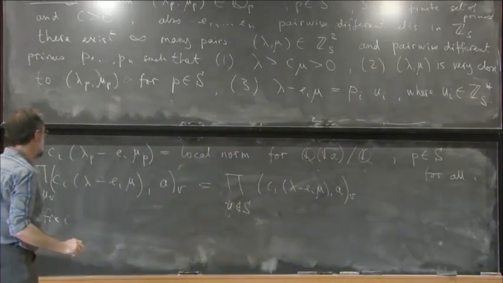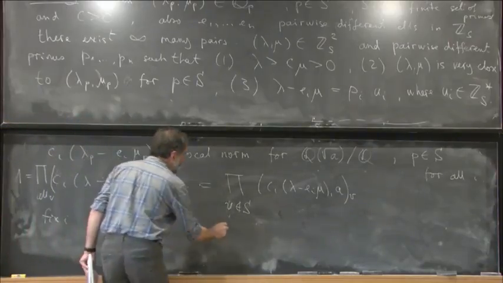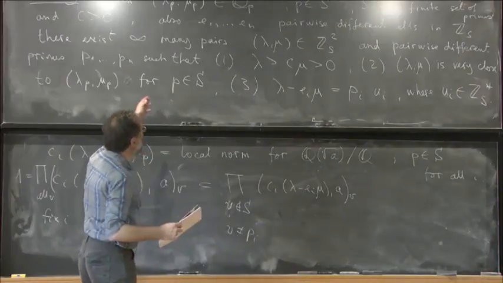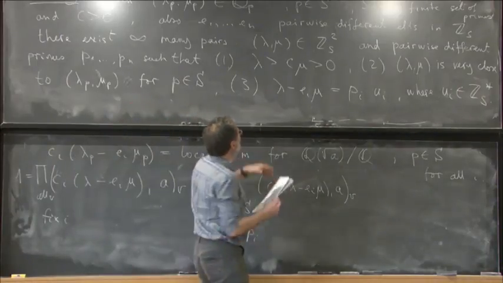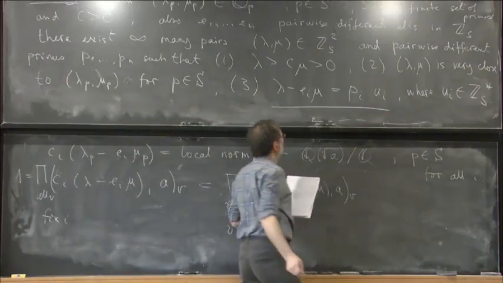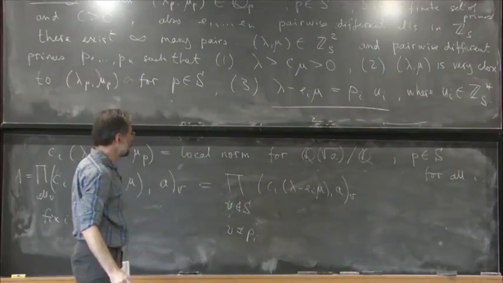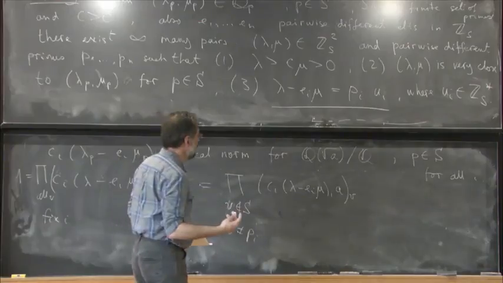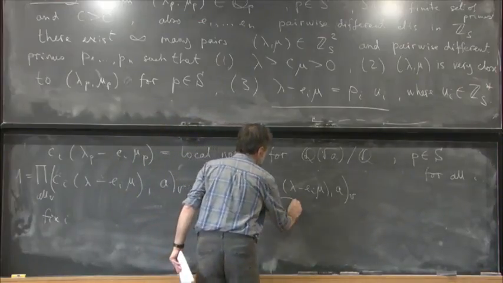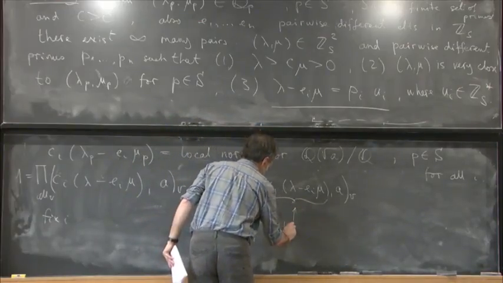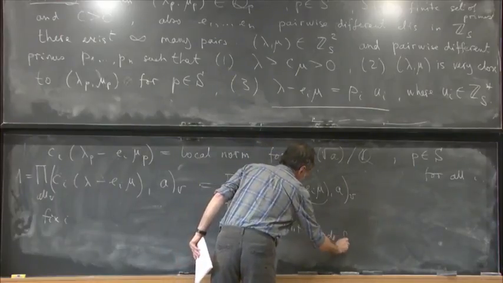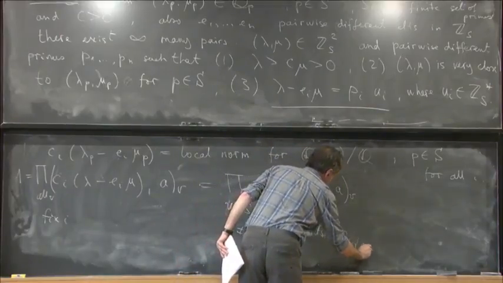Next, if v is not equal to p_i, I know from this last condition that lambda minus e_i mu is in fact a unit outside S and p_i.